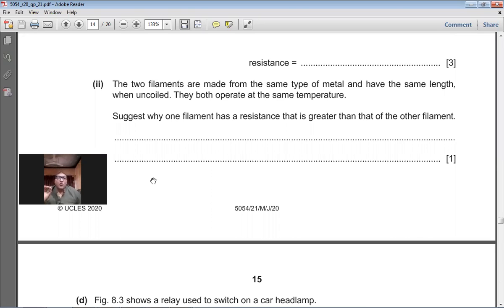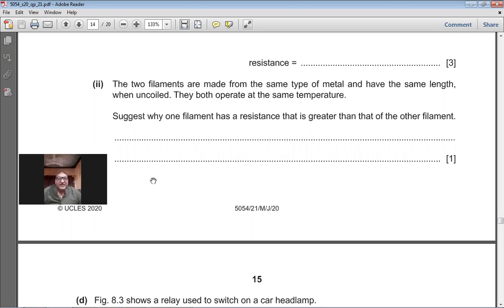Suggest why one filament has a resistance that is greater than that of the other filament. You see, the length of the wire is the same for both filaments, and both have the same temperature. Then the question is why one of them has 24 ohm resistance and the other one has just 6 ohm resistance. Their material is the same, their length is the same, their temperature is the same, but they have different resistance.